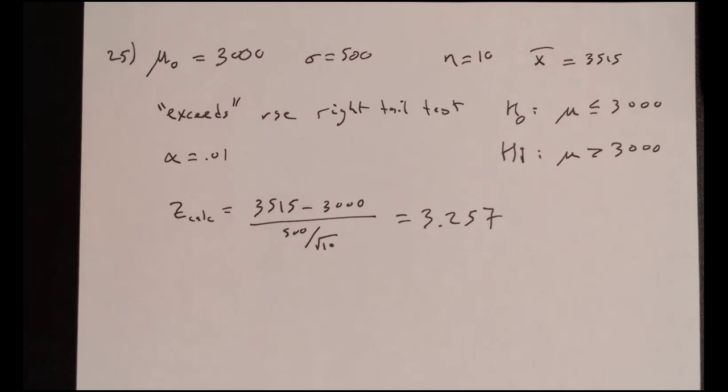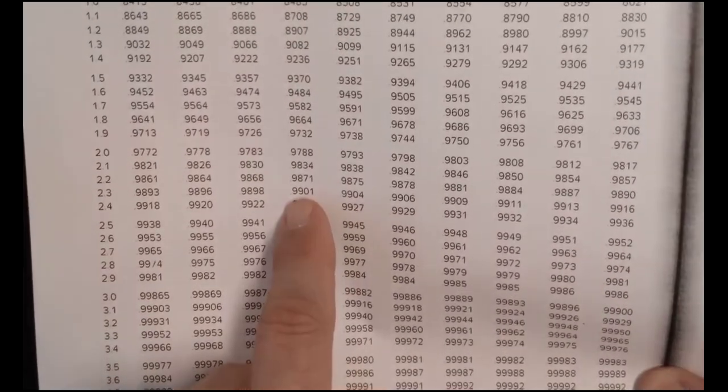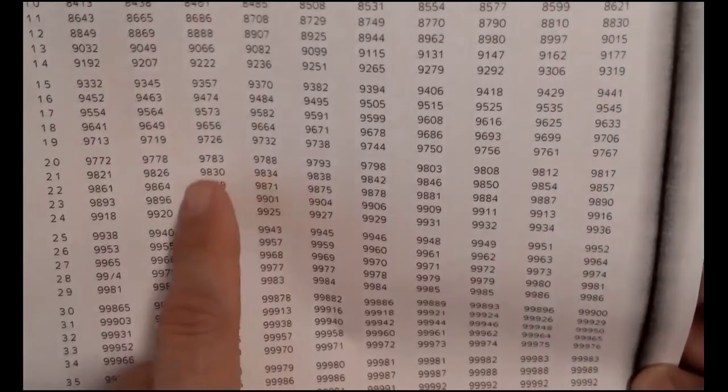Okay, z-critical comes off of my table. What do I need to find on my table to do z-critical? The right tail for 0.01. If the right tail is 0.01, that means that the rest of it is 99%, right? 0.9901 is right about here.